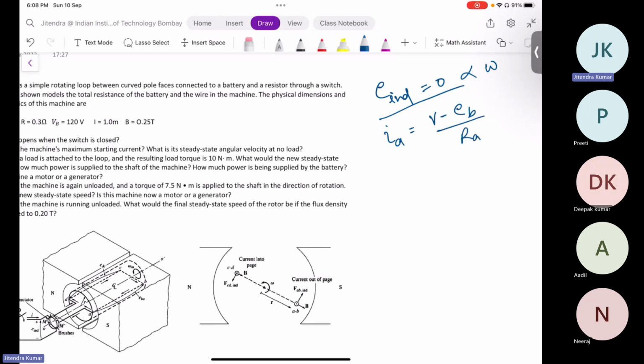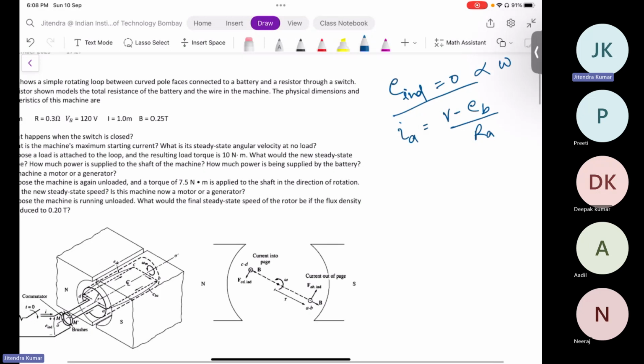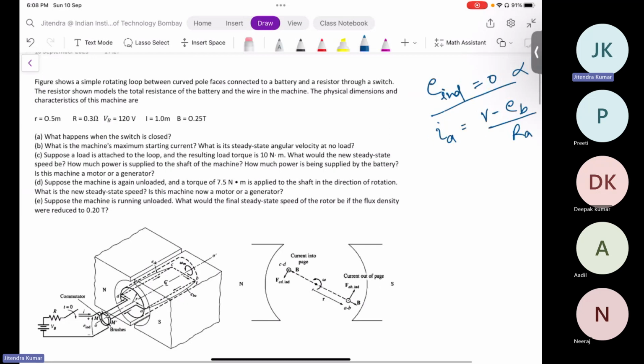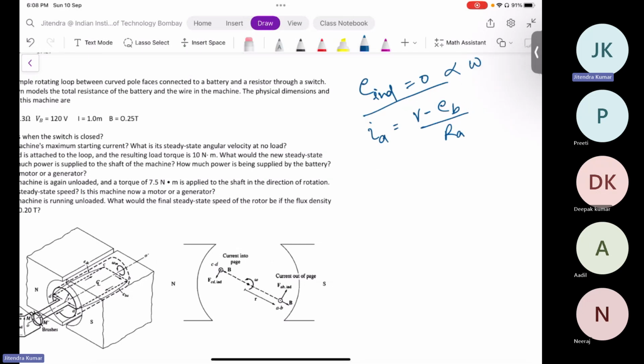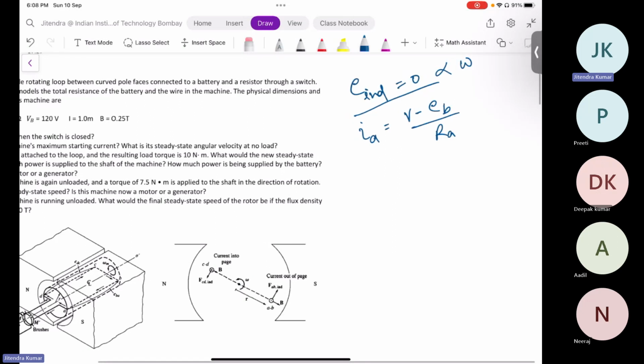We could have written (EB minus V) by RA, but here, since the rotor is stationary, EMF is zero, so current should enter the armature. It should be supplied from the terminal, and it should enter the coil. That will try to induce torque in the machine or in the coil. Right, so let us find out.